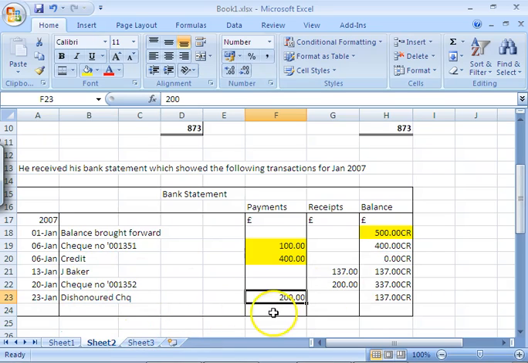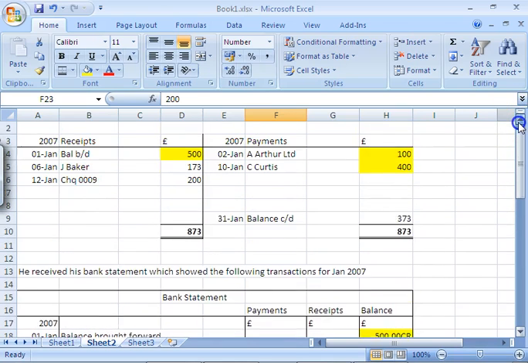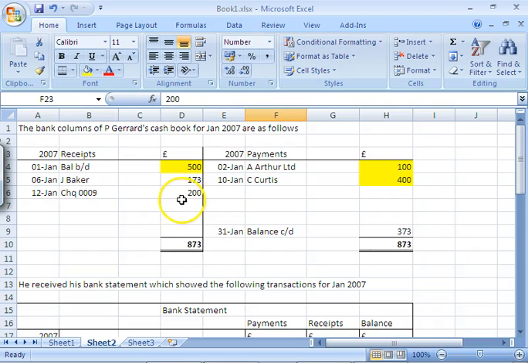It took a couple of days, but the money was never really there. So that's really 0. Well, you've got 200 here showing that you've got money. Really, you need to credit that side of 200 to get rid of that 200.